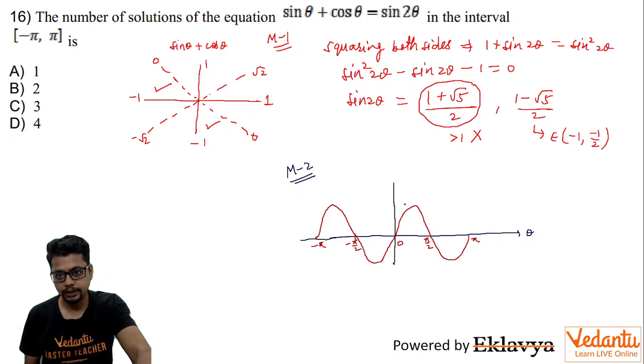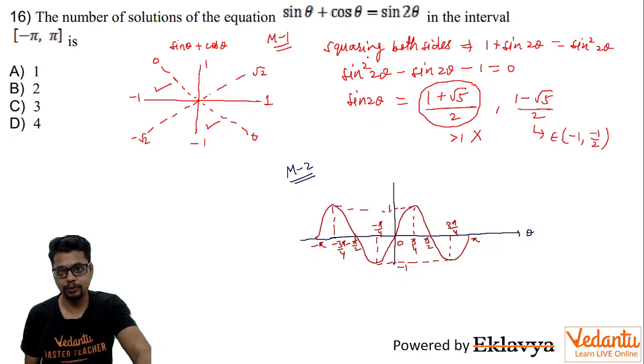At pi by 4, this is 1, and at pi by 2 it is 0. At 3 pi by 4, this is minus 1. It is minus 1 at minus pi by 4. This is minus 3 pi by 4, at which it is 1. So all these things are pretty clear.